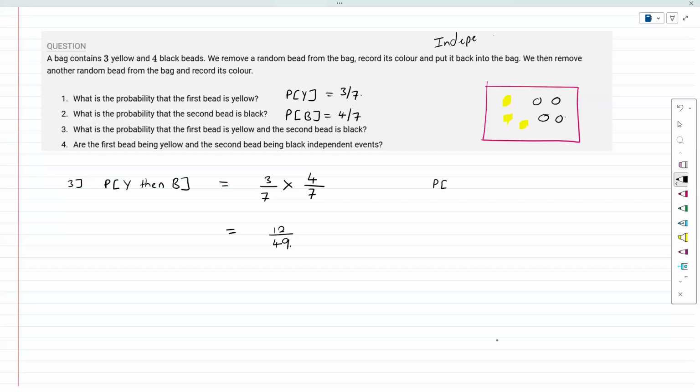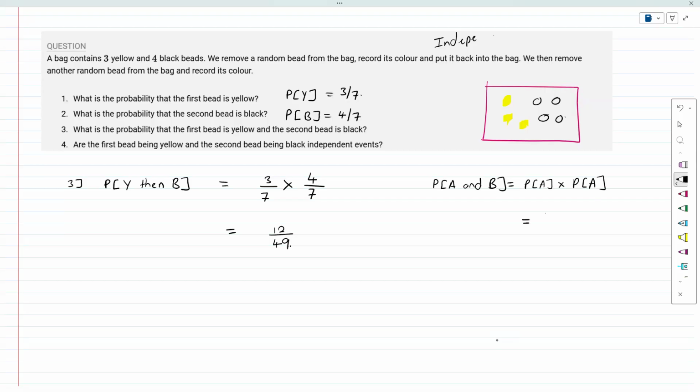So we know P(A and B) has to be equal to P(A) times P(B). Now, why is this mutually exclusive? Because you are taking out one marble at a time, or one bead at a time. You cannot take out 2 at the same time. I mean, you physically can, but in this question, you're not taking out 2. So it's one marble at a time.